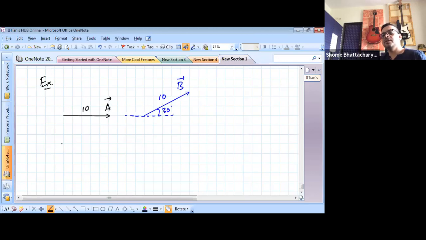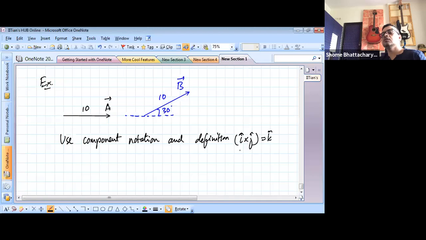So let's use component algebra. Use component notation and the definition that I cross J is equal to K to find E cross B here, where we are already predefining this as our x-axis and this as our y-axis.